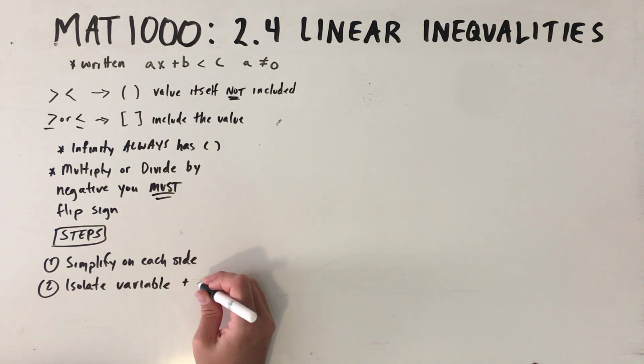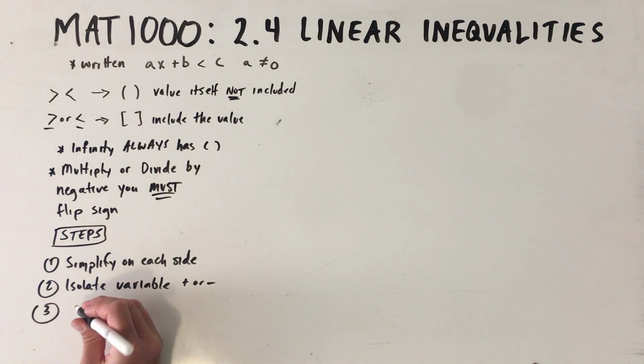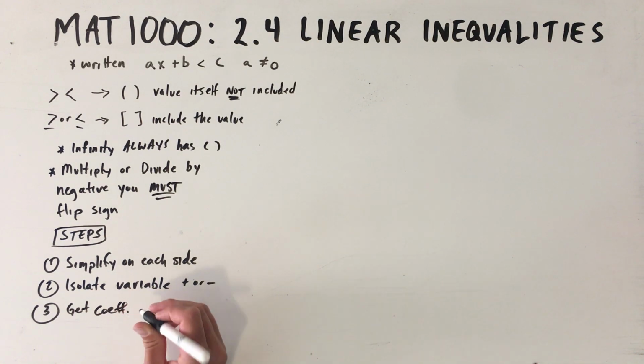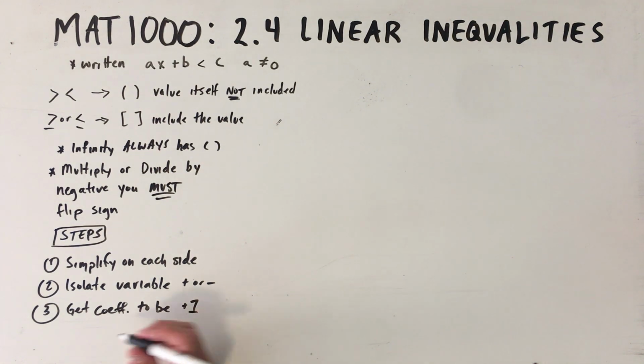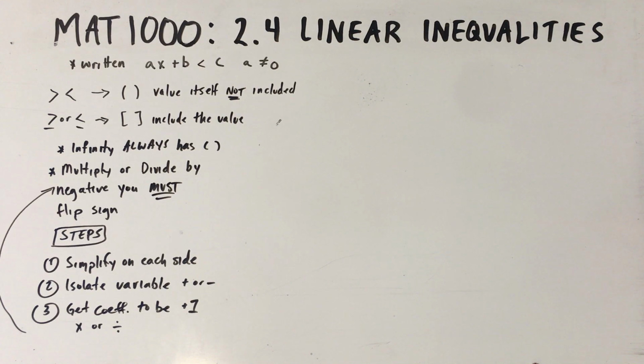Remember, I'm going to move stuff around through addition or subtraction at this stage, away from the variable. My third step is to get the coefficient to be 1. And the way we're going to do that is we're going to use multiplication or division, remembering that if we multiply or divide by a negative, we've got to flip our sign. Okay, and then the last thing is, if I was dealing with fractions, I would want to simplify or reduce those fractions.